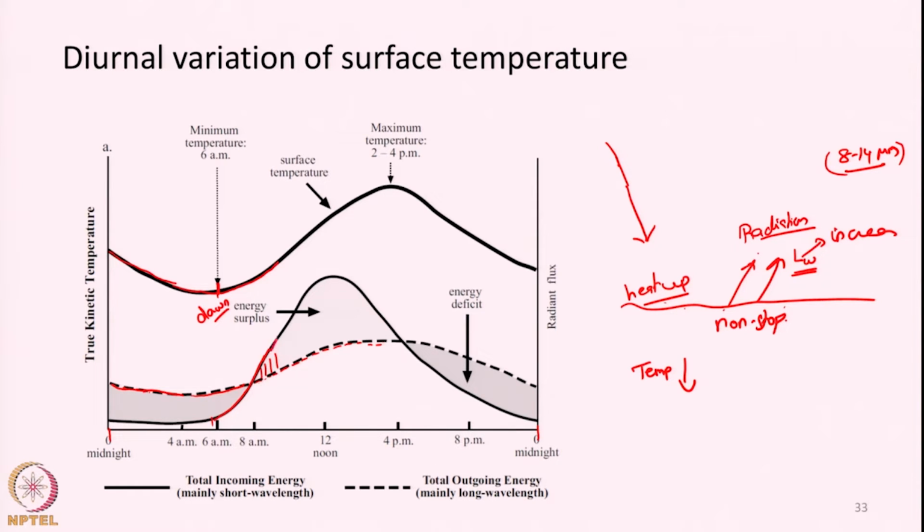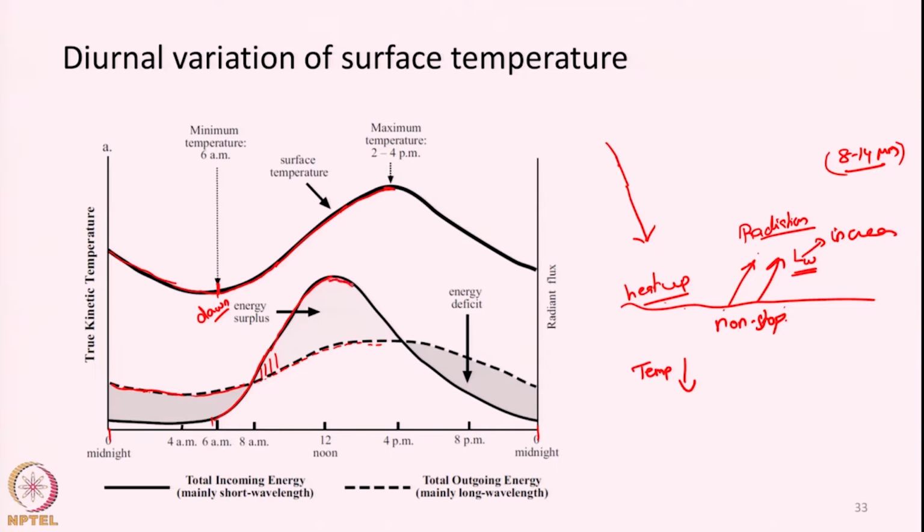But still, during noon time solar radiation will peak, and energy will be in surplus. Because of this, surface temperature will continuously rise, and at a certain point in daytime it will reach a maximum, because after noon time solar radiation will go down.